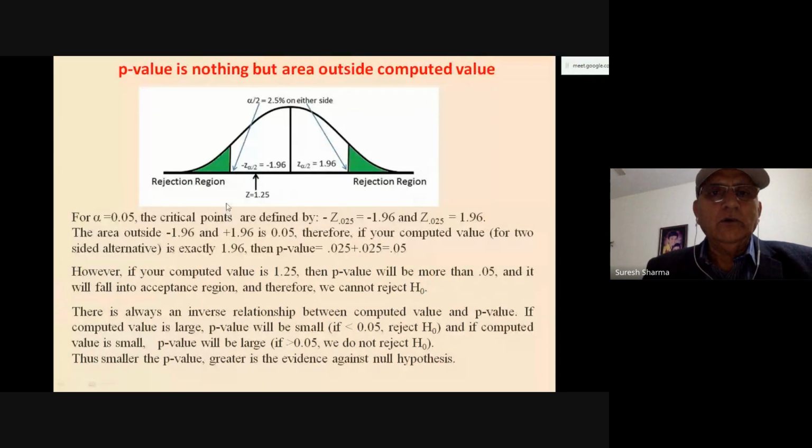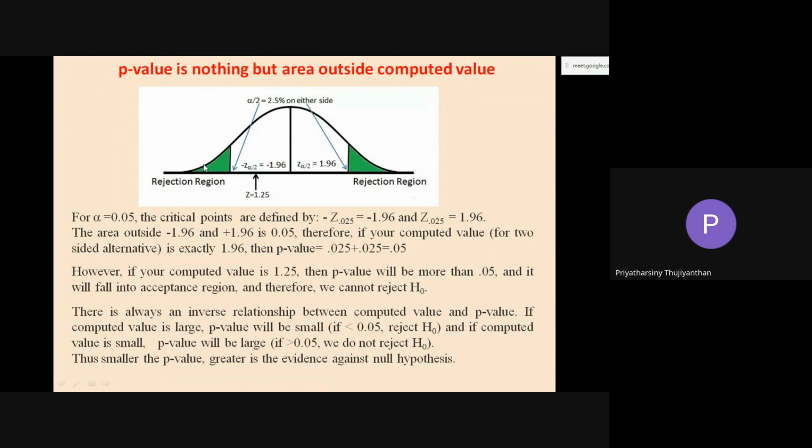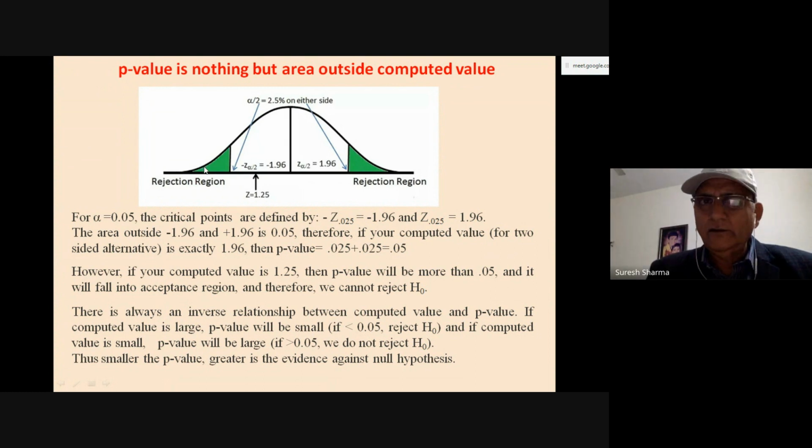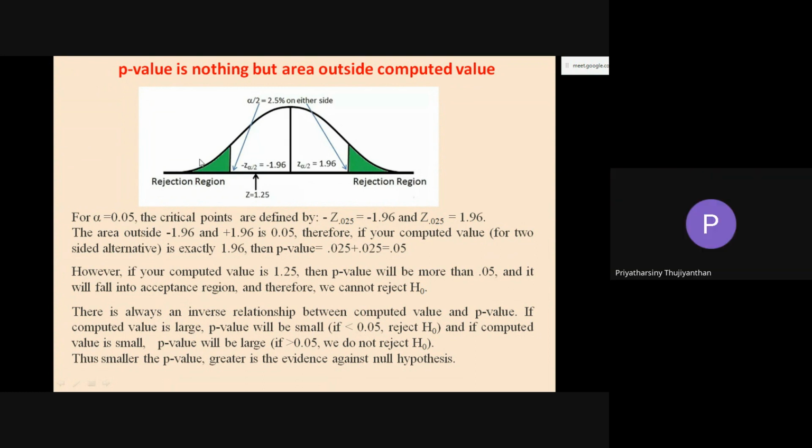Okay. Now, suppose your computed value is not 1.96. Your computed value is 2.79. Then obviously it will lie somewhere here, because 1.96 is this line, 2.79 will be here. And then minus 2.79 will be here in the opposite direction. And what is the p-value?